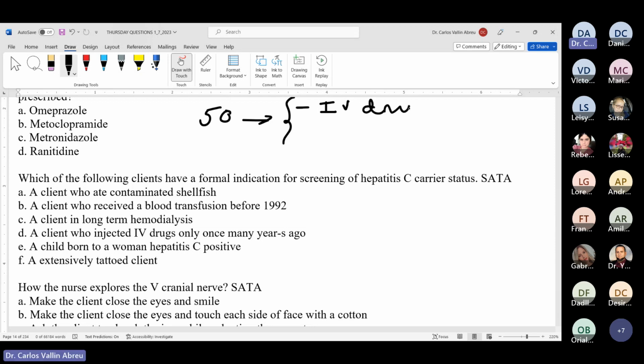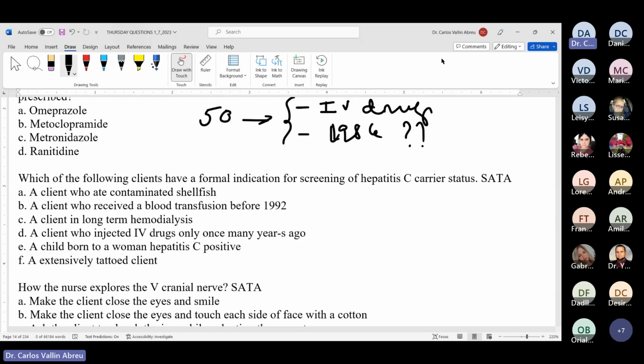IV drugs were very common in this generation, the hippie generation. And the other reason for which they are at increased risk is because until 1980-something, 86, etc., we didn't know that this virus existed.